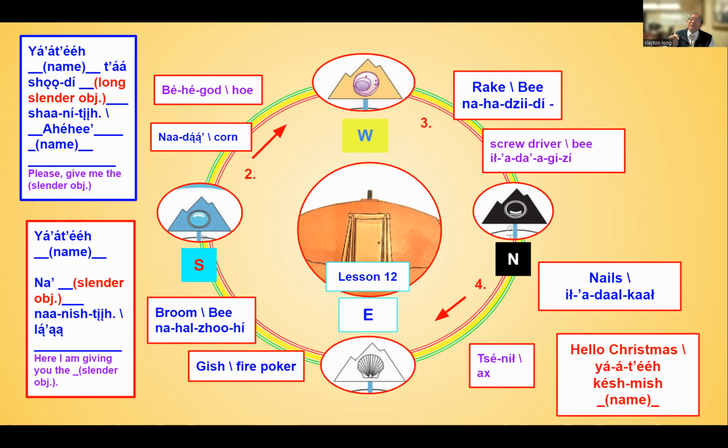And without naming it, the person gives you the right one. So that's how it's used. You don't have to know the name of it. You just point with your lips or something and say a Shaanítįįh. You can communicate with just those give words, and you know exactly what you mean.